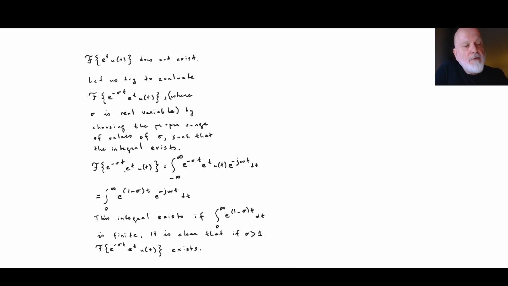Okay, so we have at this point the formal definition of the Laplace transform.